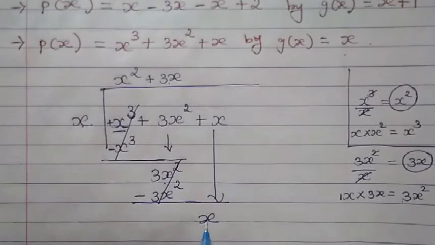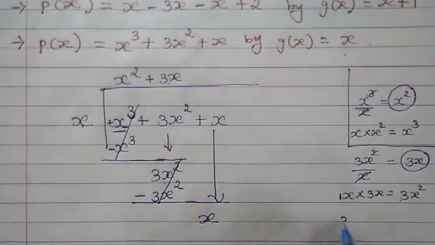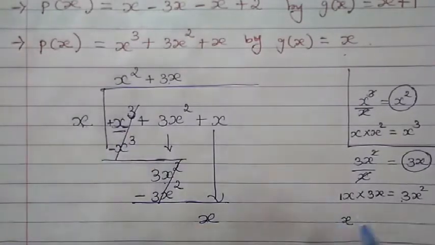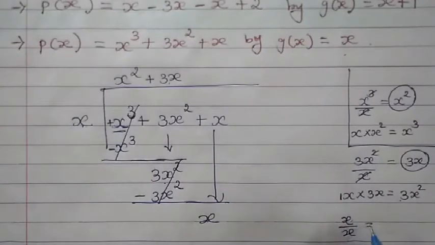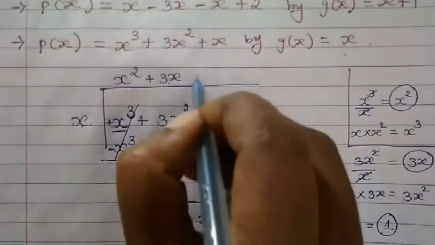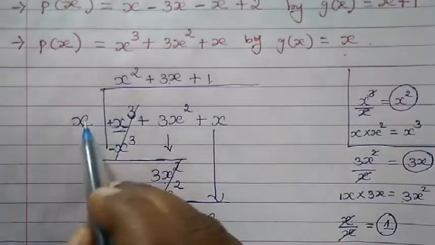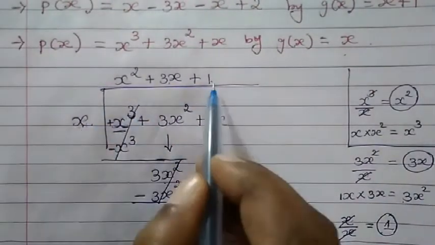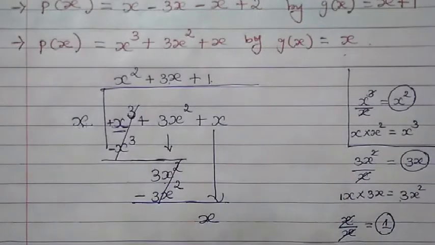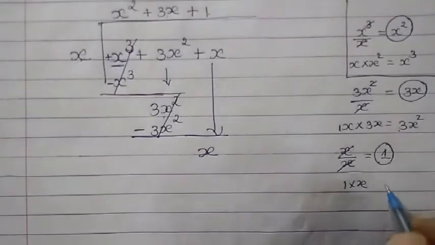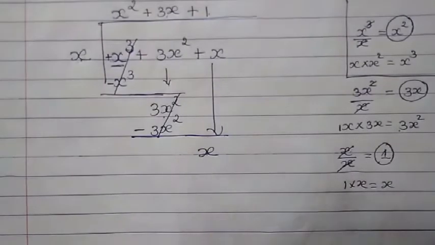Now again the same way. This x write down, and divide with the divisor. So it gets divided, we will have 1. So that will become the quotient. So write down plus 1. So now with the quotient and this you have to multiply. So x into 1, what you will get? 1 into x, you will get x only.